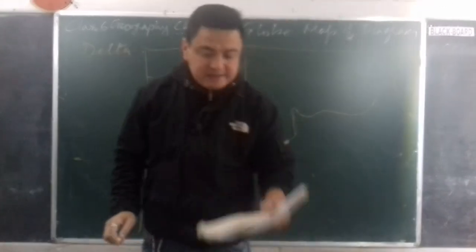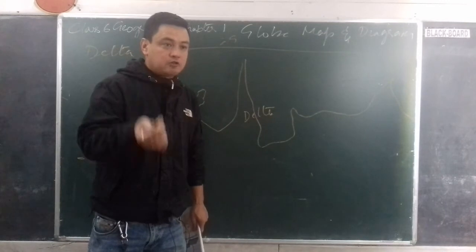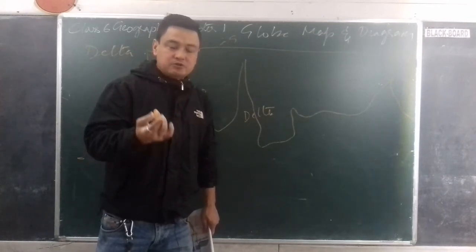Now a river delta is a landform that forms from the deposition of sediments carried by a river as it leaves its mouth and enters the sea or ocean. The place where the river empties its water into the oceans or seas is called the mouth. The starting point of the river is called the source.